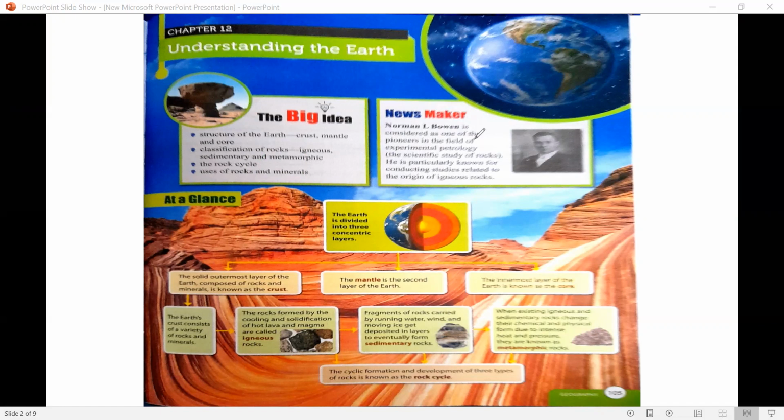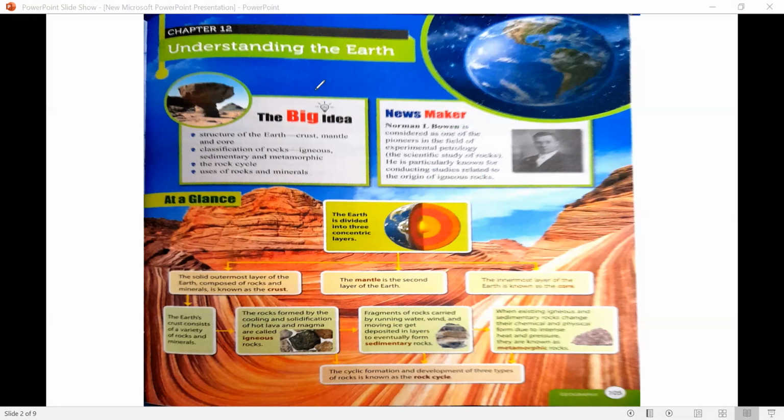He is particularly known for conducting studies related to the origin of igneous rocks. So if in the question it is asked who conducted studies related to the origin of igneous rocks, he is Norman L. Bowen.